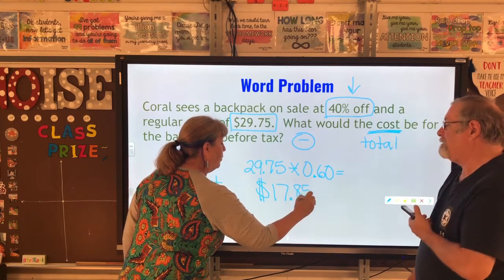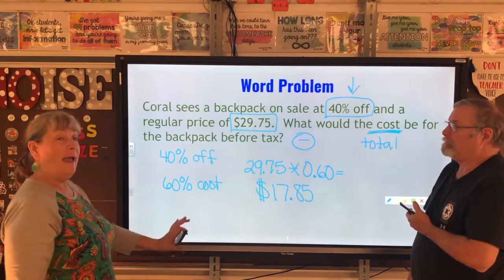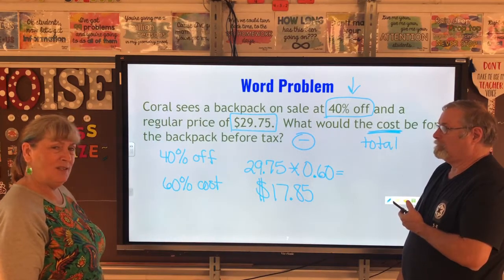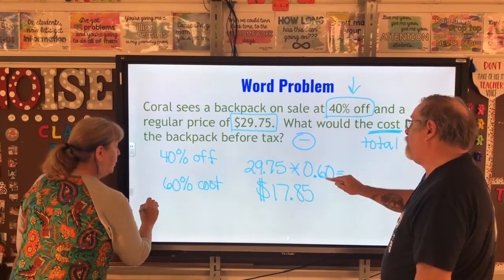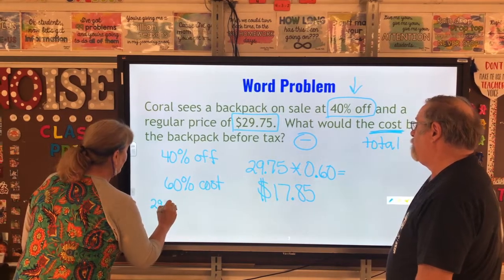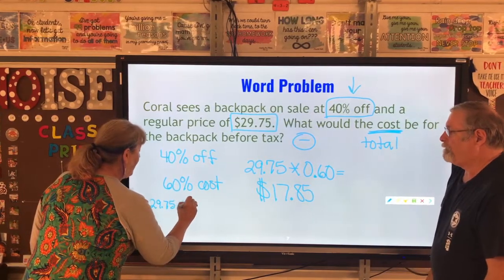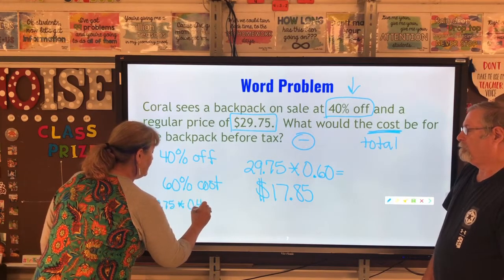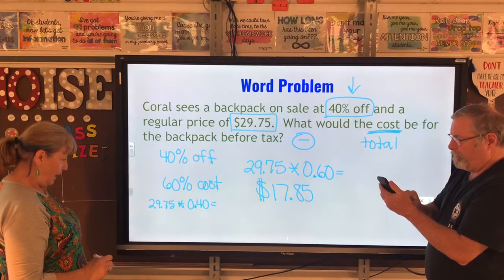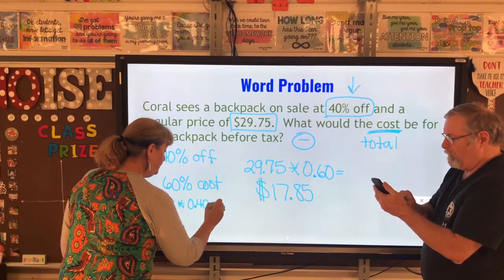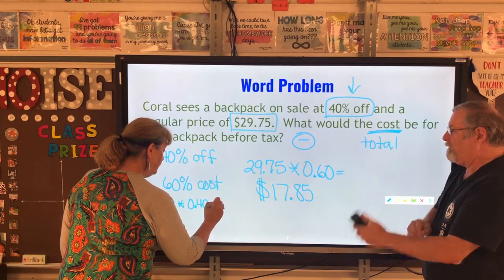Was that a rounding one? Nope, exactly. Wow, cool. You could do this in two steps. All you'd have to do is change this to 0.4. I'm going to do it to prove it. I would rather prove it to you once or twice, and then have you decide. So 29.75 times 0.4 equals 11.90.